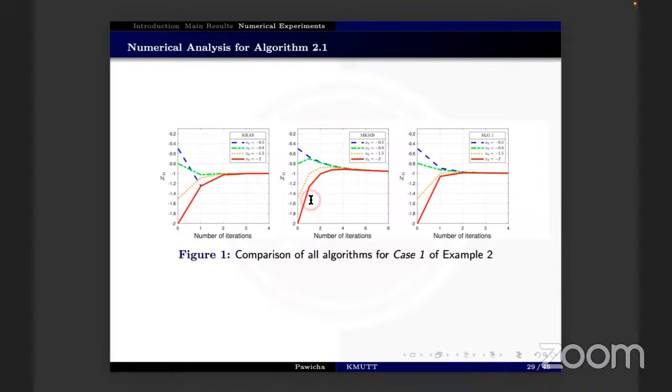We see that the Krasnoselskii-Mann iteration and our algorithm converge faster than the Bregman algorithm.